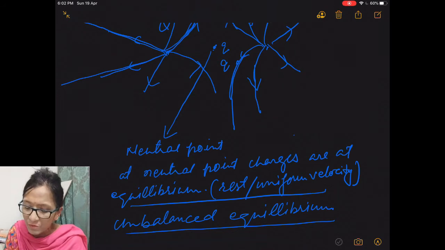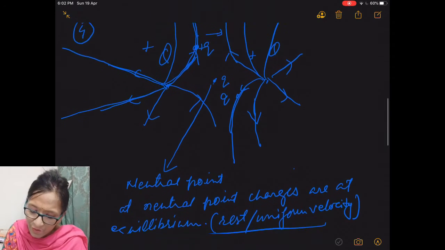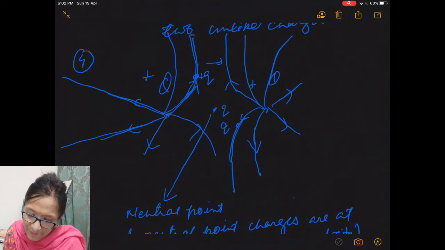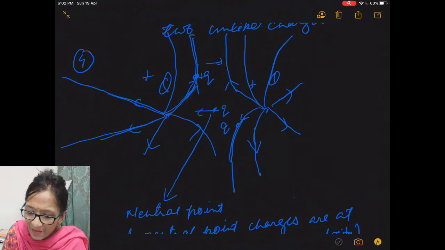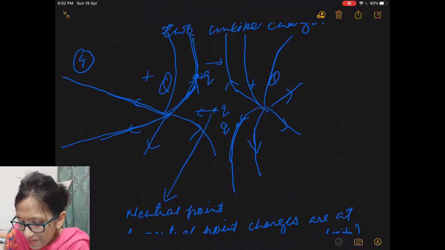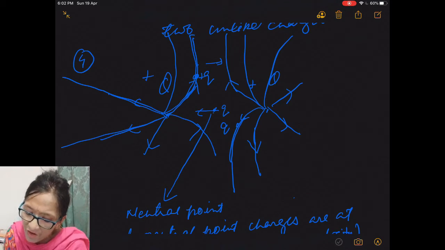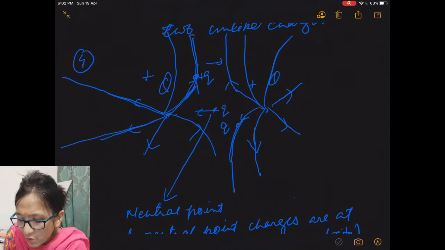So let us come to our point. So I was telling that the charge is in unbalanced equilibrium. Let us see how. So suppose if this charge is forced along any one direction, it starts moving along any one direction. So there is a positive charge, like charge. So this positive charge will again restore its position because it will repel this charge.